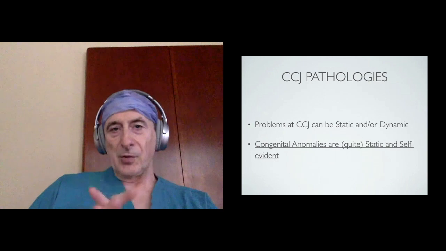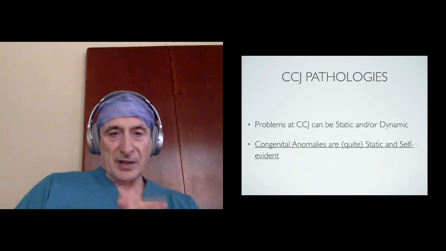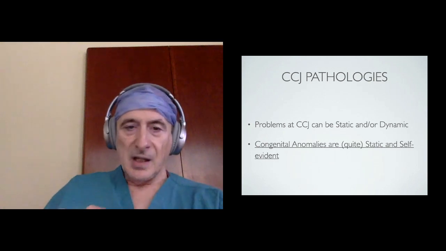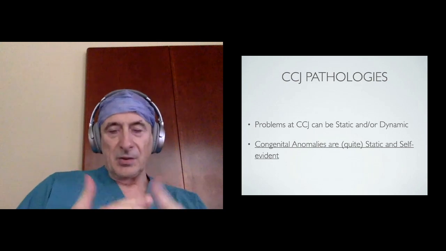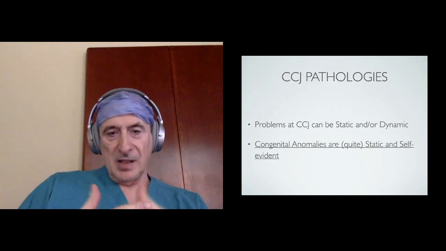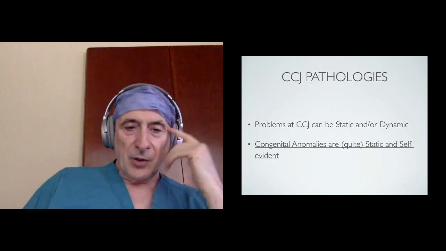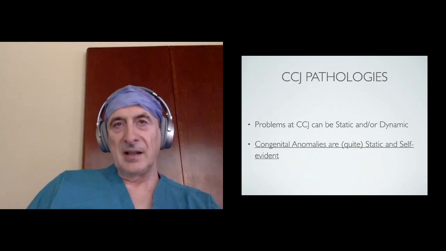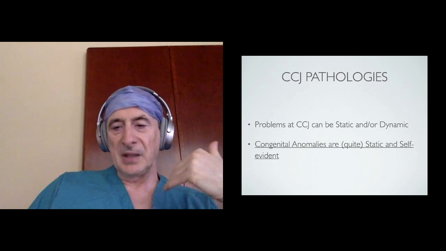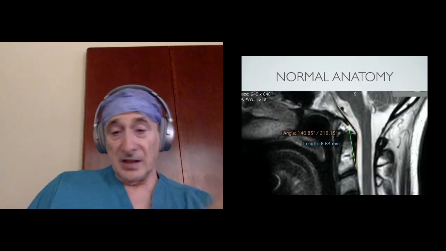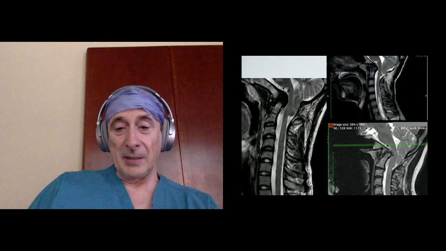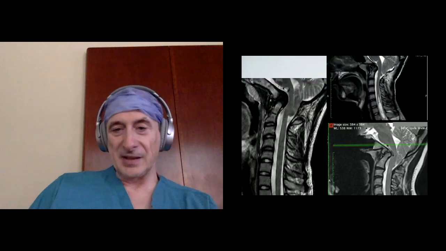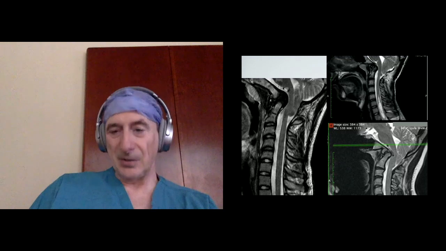Because this is the focus in the context of craniocervical instability. The problems can be static or dynamic. For example, congenital anomalies, something you're born with, are quite static and self-evident. Self-evident means that they pass the medical student test. When there is abnormal anatomy like this, a medical student sees it and says there is something wrong there.